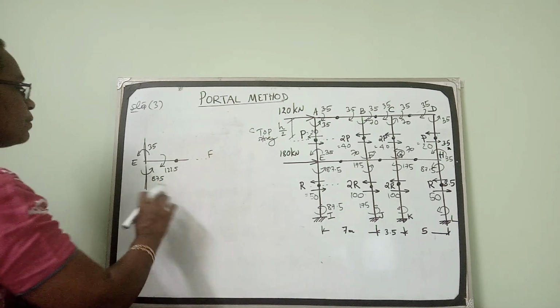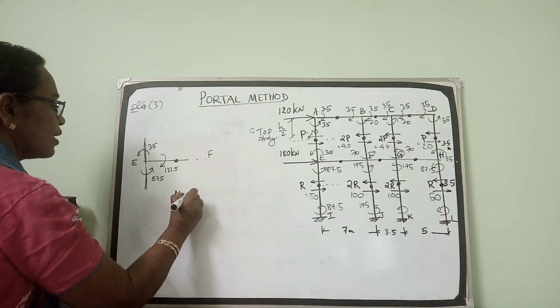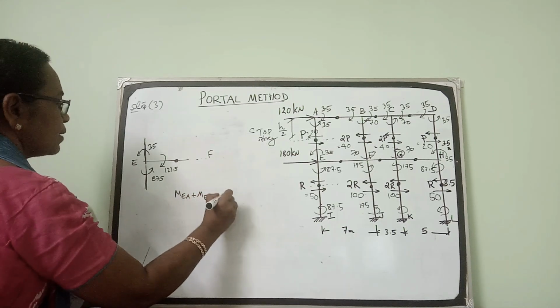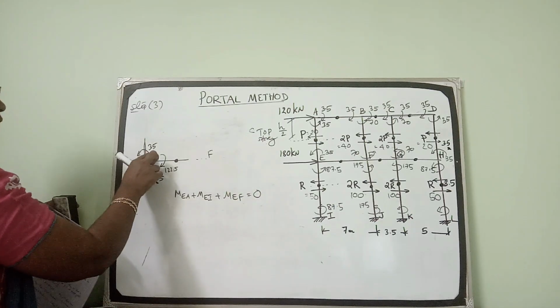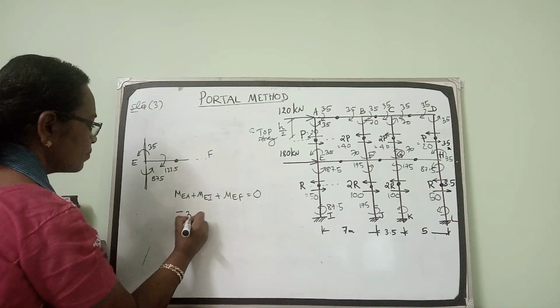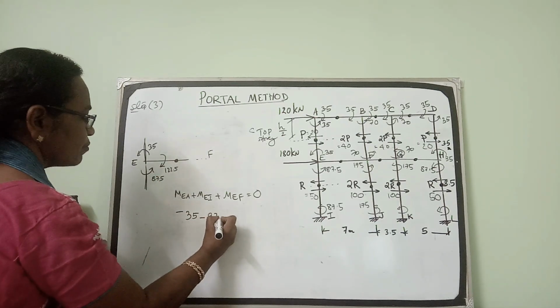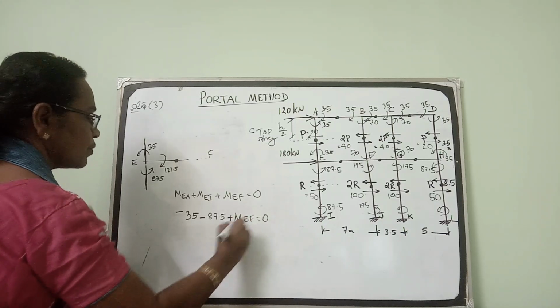Otherwise, coming to the principle, sigma M is equal to 0. MEA plus MEI plus MEF is equal to 0. So MEA is minus 35, MEI is minus 87.5, plus MEF is equal to 0.